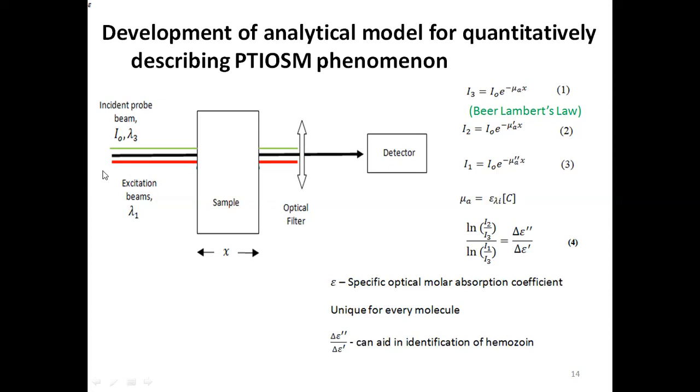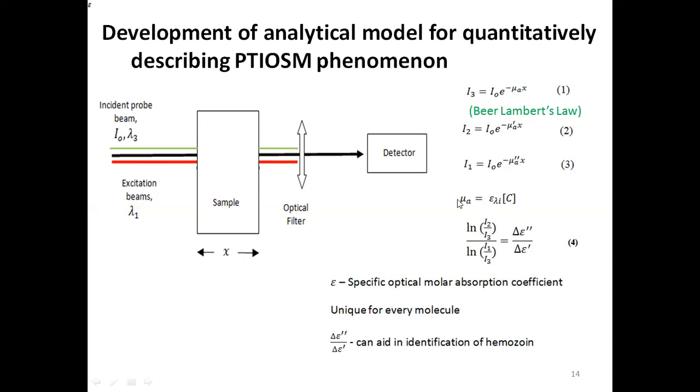And therefore, if we change the wavelength of the pump beam, again, we anticipate that the recorded probe beam intensity will change, but the general form is given by equations 1, 2, and 3.